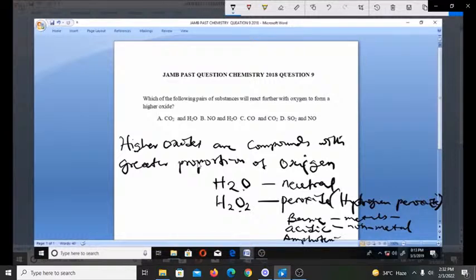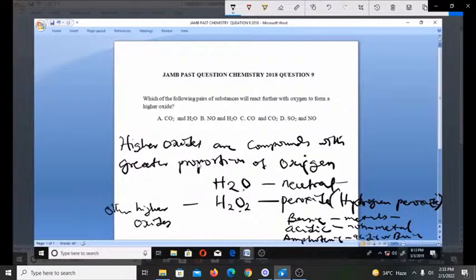You need to know about this as well. Amphoteric oxides can behave as acidic oxide or basic oxide. Whereas neutral oxide, like H2O, we have. But we also have hydrogen peroxides, and other higher oxides.